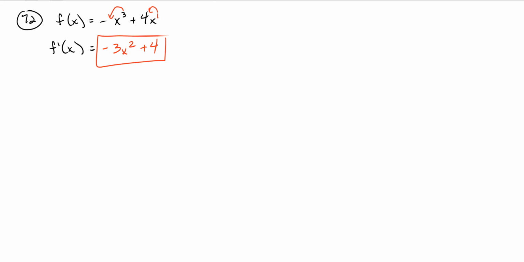I'm going to go ahead and do 74 now as well. I've got g of t is equal to the square root of t minus 3. This one I am going to use the difference quotient because you have to do something called the chain rule without it, and we haven't talked about that in class yet.